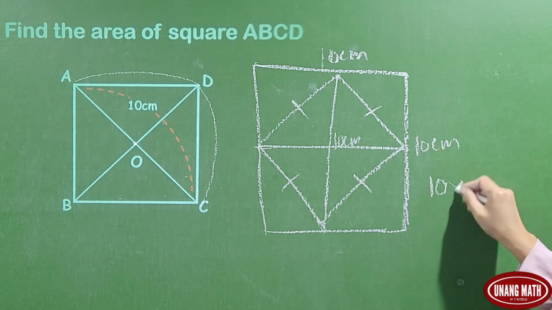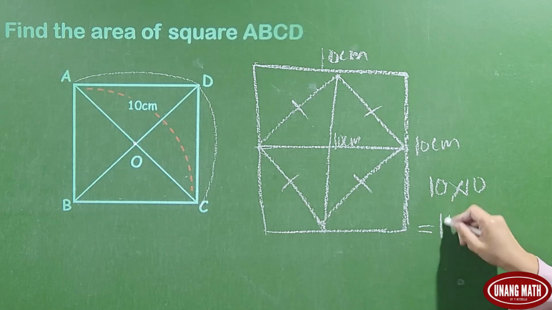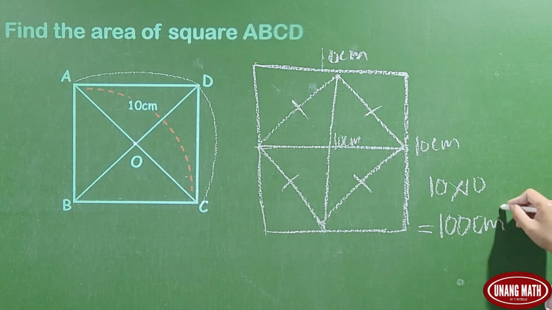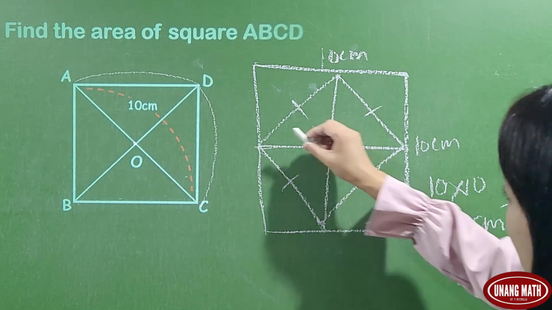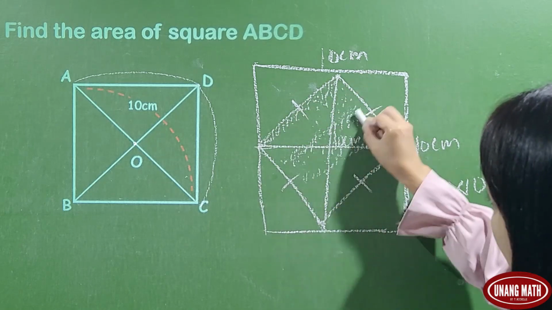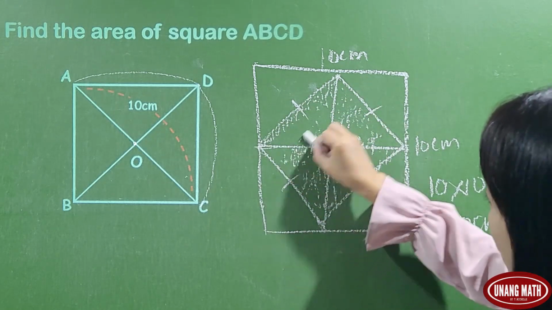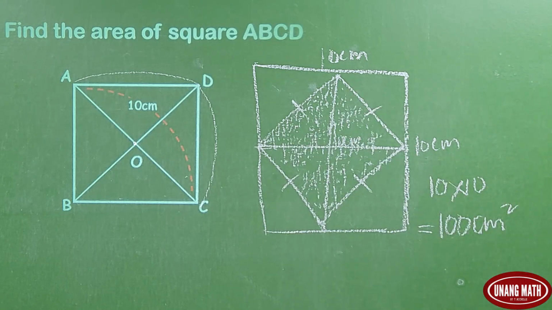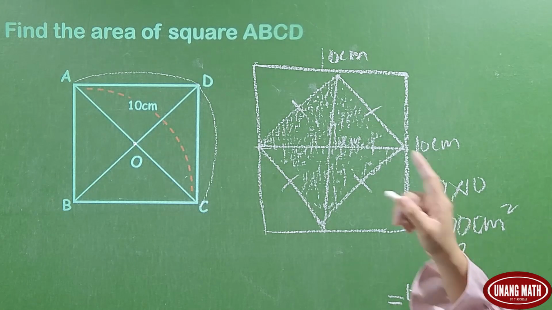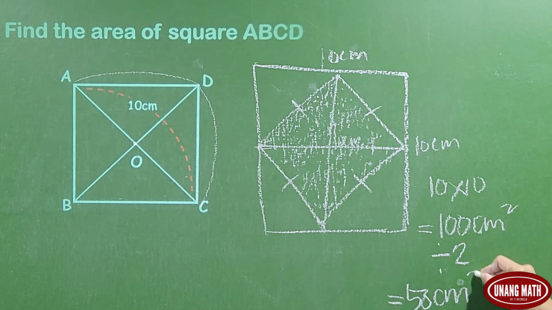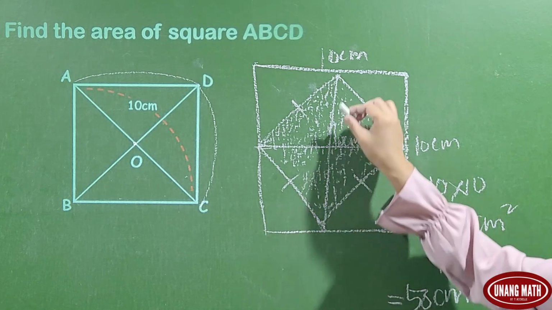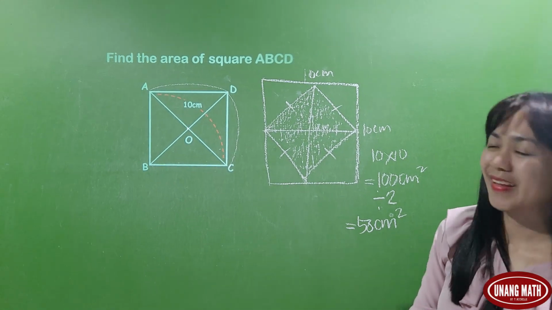So it would be 10 times 10, which is equal to 100 square centimeters. But since we are just trying to find the area of this square, we have to divide this by 2. So the area of this square now is 50 square centimeters.